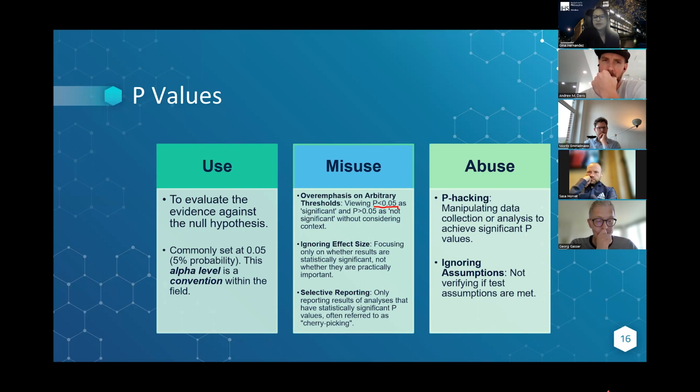So the p-value will help you to evaluate the evidence you have against the null hypothesis, but it won't tell you anything about the alternative hypothesis. With the p-value, you are able to reject the null hypothesis. So you have enough information to say that it's probably not true, that you don't have any effect between the two variables, but you are not able to say the opposite, that the alternative hypothesis is true, because you are not testing the alternative hypothesis.